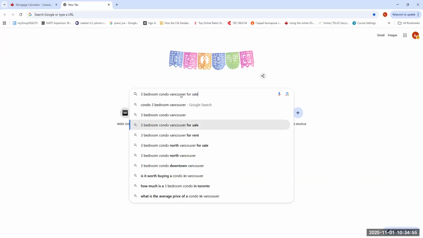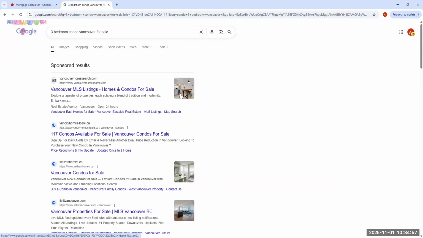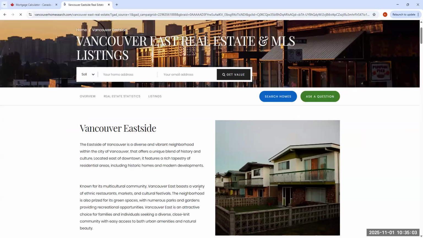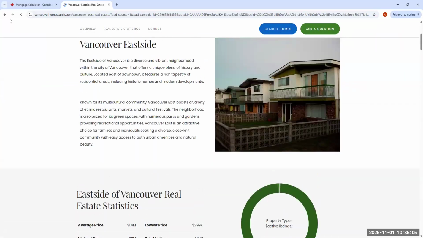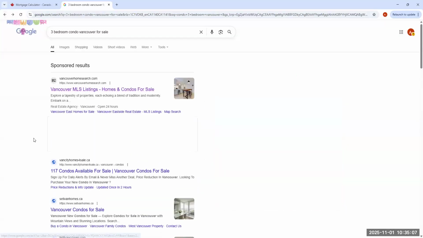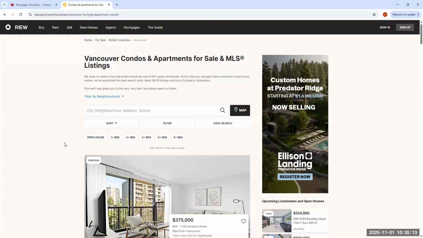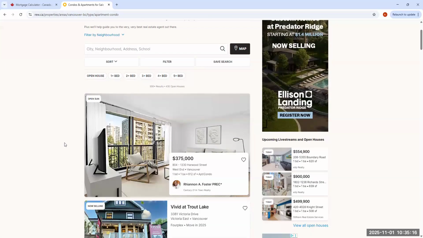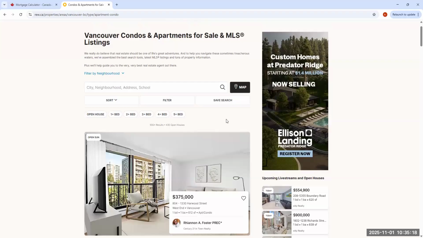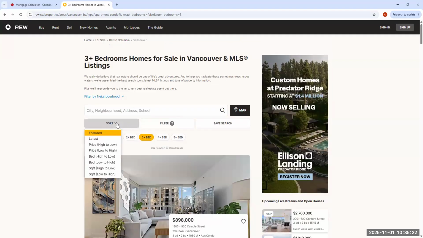For sale. Let's see what the price is for this one. Let's go random, go with the first one, and see if we can find any prices here. That Vancouver Estate, that's not the real one. Let's go with this one. We have 3 bedroom, right? Let's go to 3 bedroom and sort from lowest to highest.